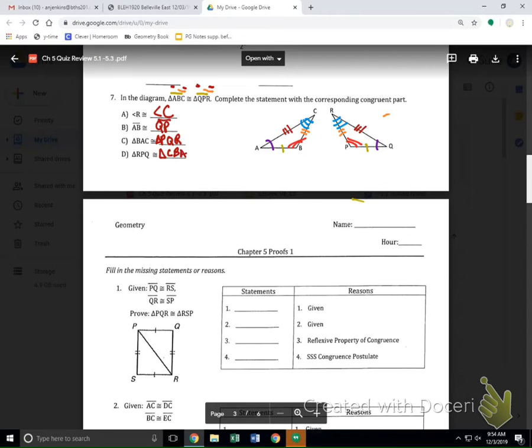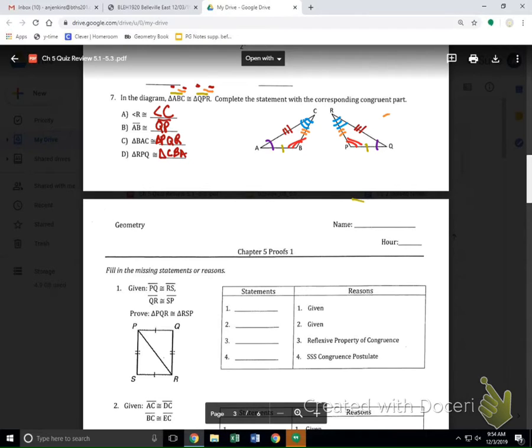CBA. Okay. So Raj asked, did we have to write all of this out? There's nothing wrong with drawing it all out. I'm all about that. But if you remember from 5.1, we talked about congruent statements. We can see that based on these letters. So if we wanted to know what angle is congruent to angle R, you see what position R is in. It's in the third position. So it has to be congruent to the one in the third position here, angle C. Same thing here.